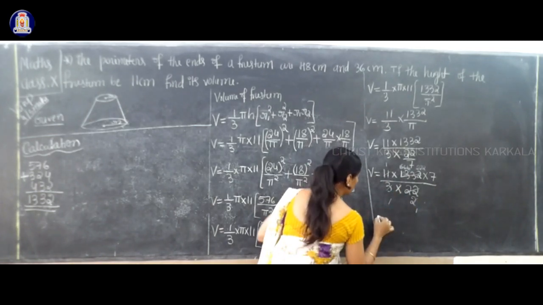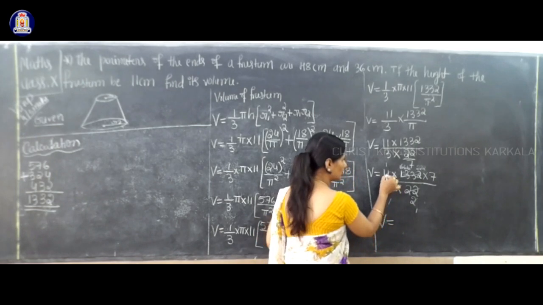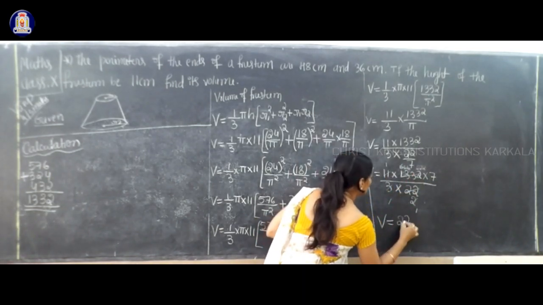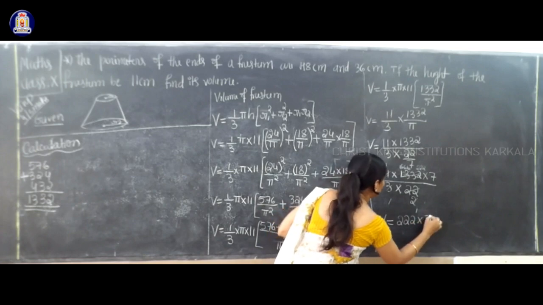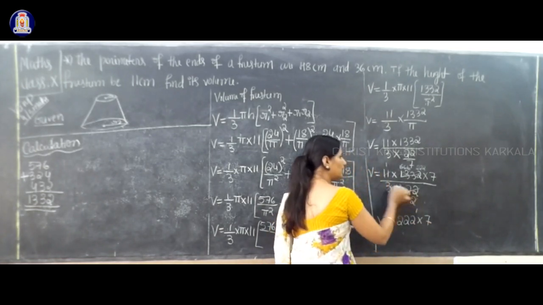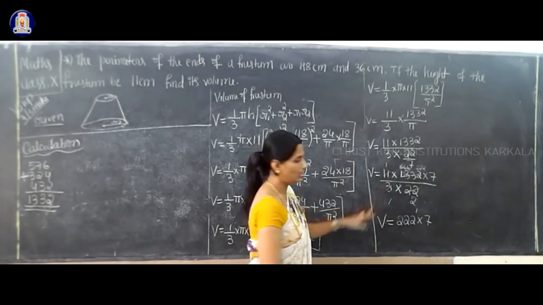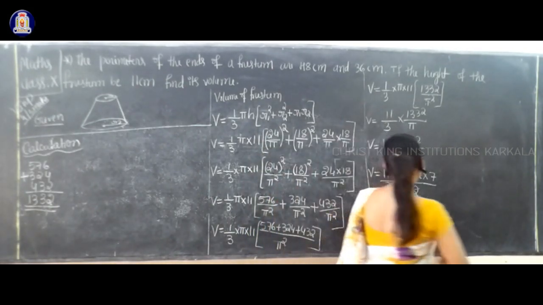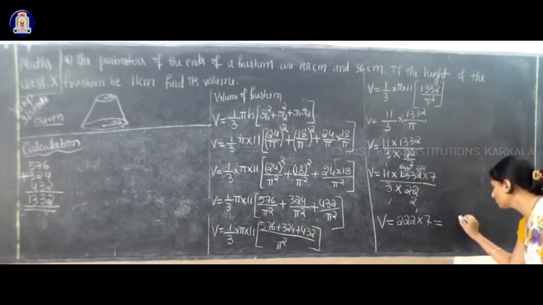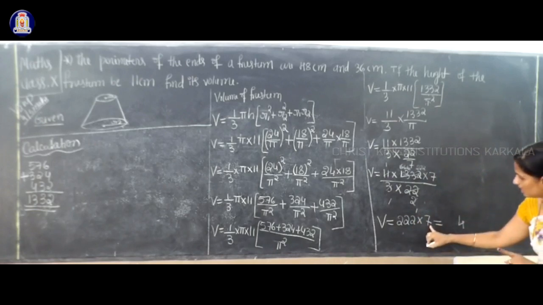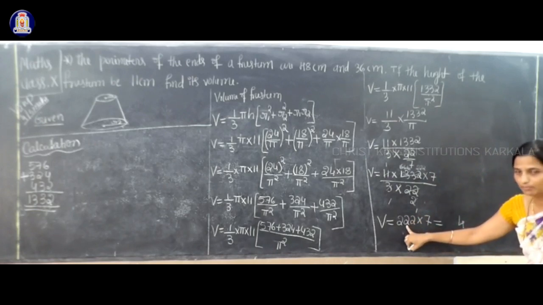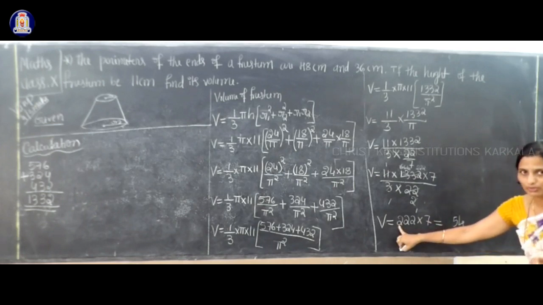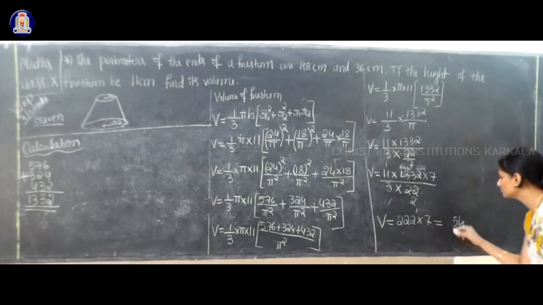No. So V is equal to 222 into 7, as 11 is cancelled. Now multiply: 7 into 2 is 14, 1 remainder. 7 into 2 is 14 plus 1 is 15. 7 twos are 14, 14 plus 1 is 15.